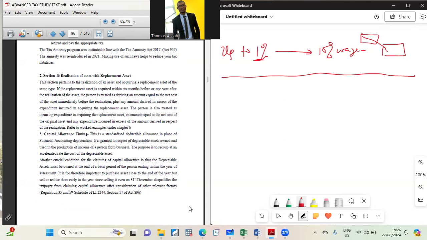Then we have this one, section 46 of realization. I'm going to skip that one because you won't understand it until I explain it. So in the book, I said refer to the worked example in chapter 6, and we will look at the issues at realization.